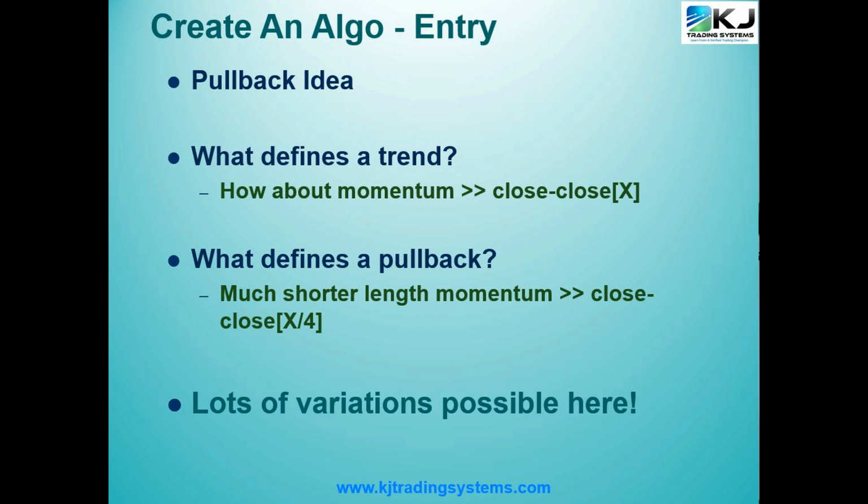So let's say we want a long trade: long-term momentum's up, but then the short-term momentum's down, that'll be the time to buy. Obviously, that's just one possible way to do it. There are a ton of different ways to define trends, define pullbacks, and decide when to take the trade. So we're just going to do it this way.